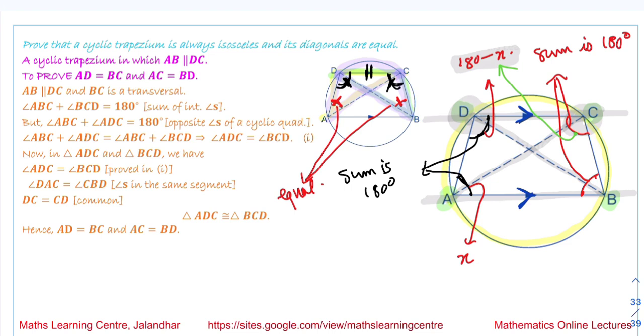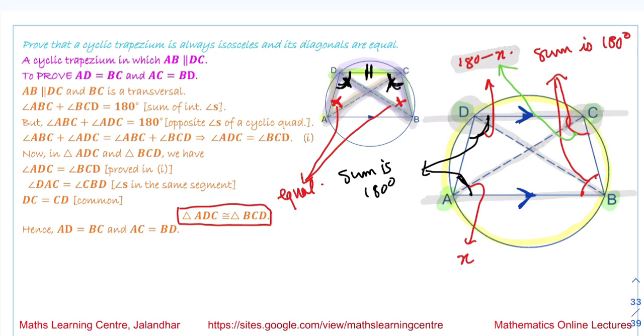So what we get is these two triangles are congruent to each other. So we get that this side AD and this side BC are equal to each other. Then we have this side AC and this side BD, these are equal to each other.